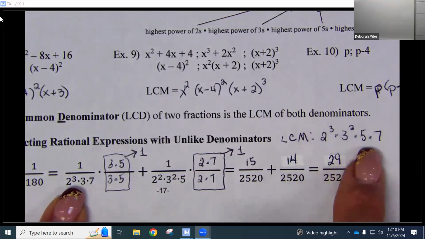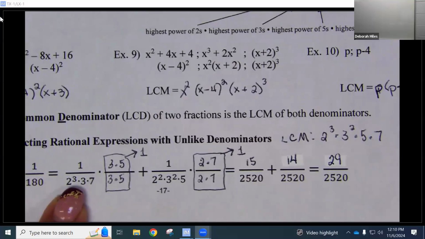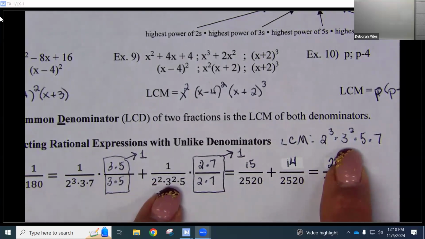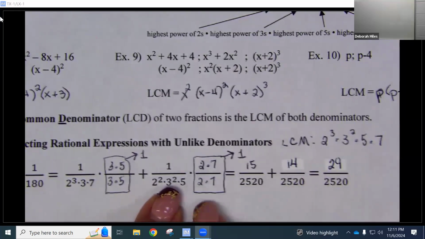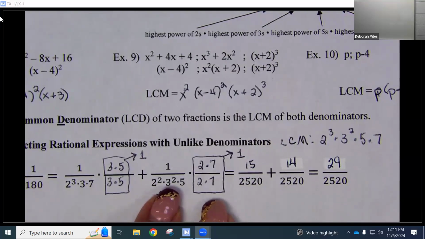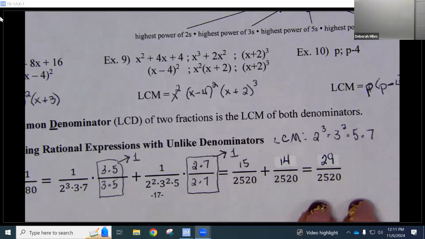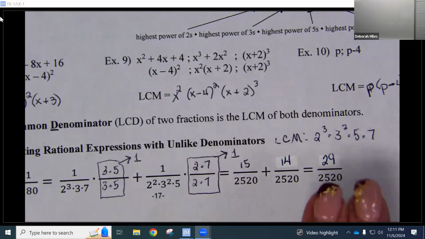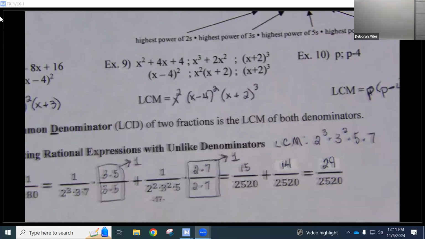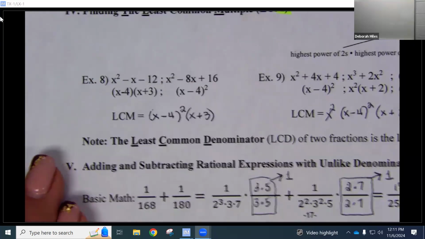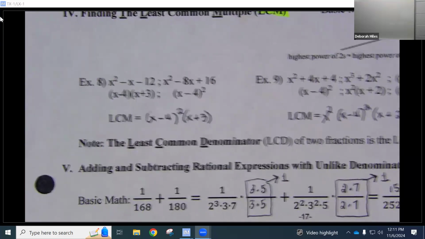It needs a 3 times 5, or I could have said it needs a 15. So I multiply by 15 over 15. This one, what's it missing? A 2 and a 7. So I multiply that fraction by 14 over 14. I got my new numerator. I added, and that will not reduce because 29 is a prime number. But that's the process. That's the process with some pretty big numbers I never want to have to add by hand again.